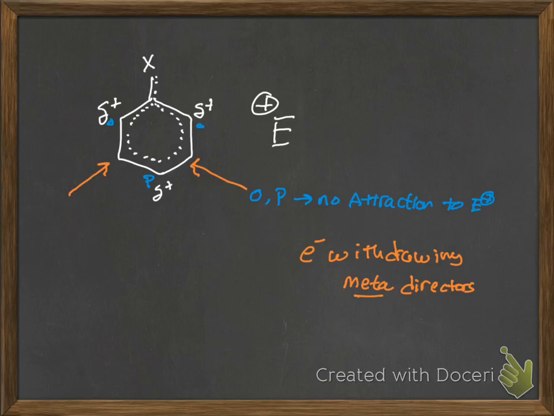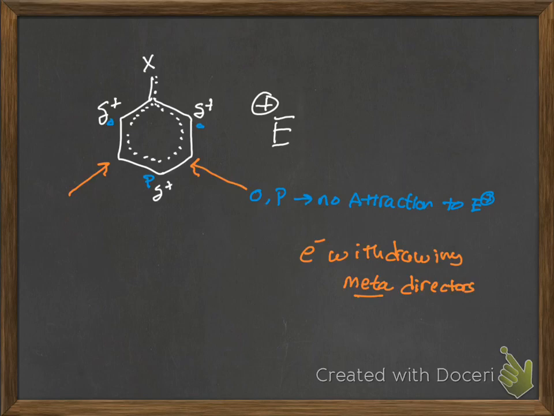Now remember, there were two arguments or two theories on discussing direction on an aromatic ring. The first one that I discussed here was an electrostatic attraction argument. The second one, which will be in the next video, is stabilization or destabilization of the cations that form during resonance. All right?